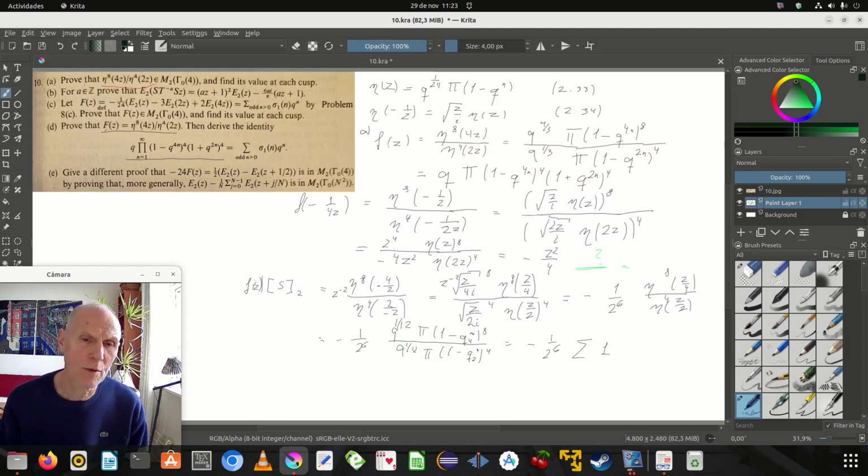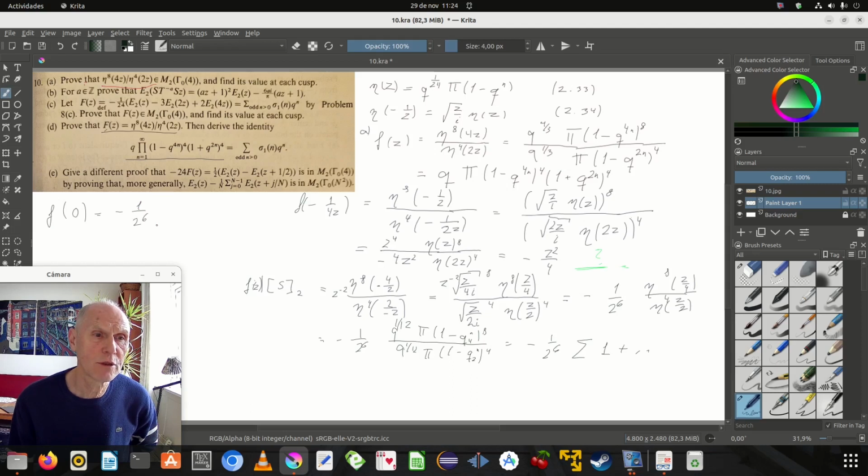Oh, but that's the lower power of Q4. So I don't know what comes really. Then never mind. It will have the right form. So we have found the value at the cusp, f of naught is -1 divided by 2 to the 6th.